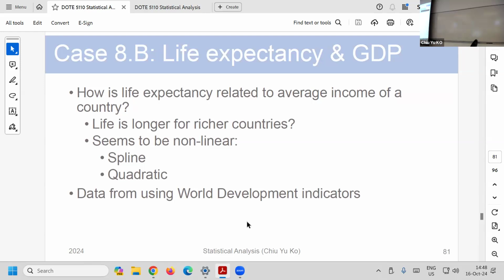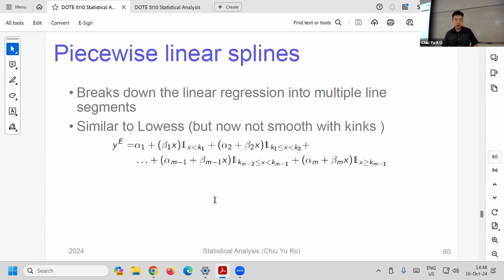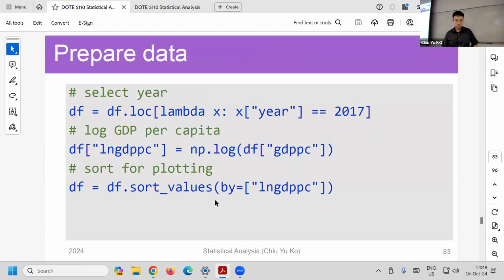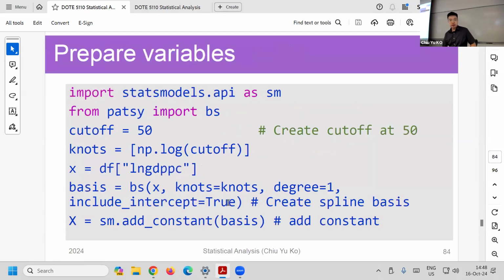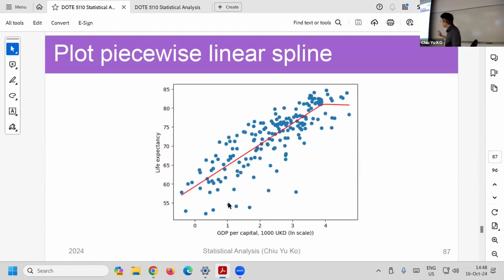The data asks: is it the case that people who have more money live longer? If you run the scatter plot, which I didn't do, it turns out to be non-linear. It goes up here, and some go down.